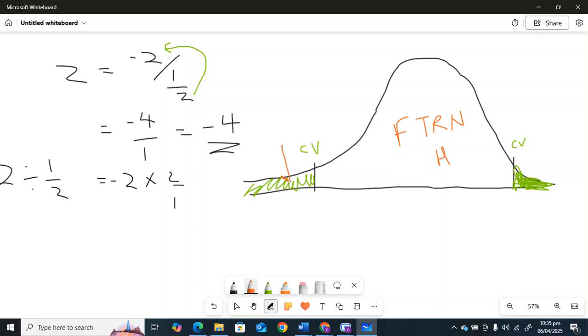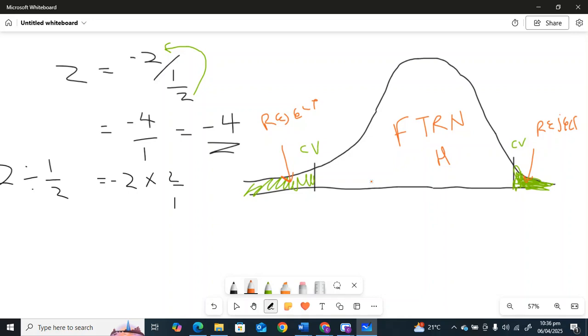Then these ones in green, they represent the region to reject null hypothesis. So what is going to happen here? We need to first get our critical values, and then we see where our test statistic falls in this. Think of this as a number line. The test statistic is going to fall within this number line. We need just to first know our critical values.